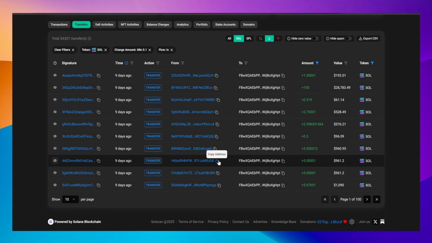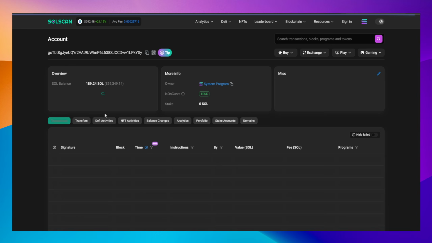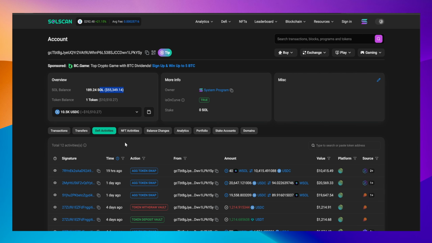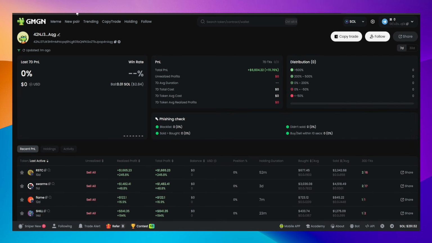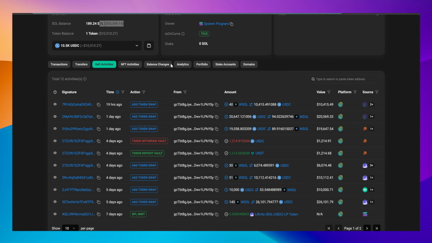For example, this wallet sent 5 Solanas. If we try to track it down, we're going to see that it traded from this wallet, which has a shit ton of Solanas. And if you go to DeFi activities, it does have, so let's quickly check it with GMGN. Okay. Oh, sorry. It just changed Solanas for, okay.